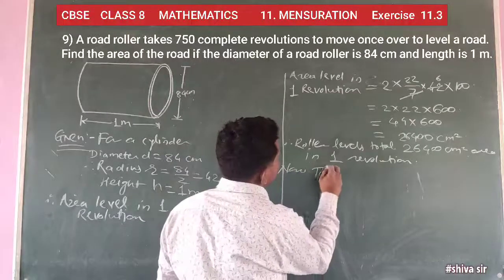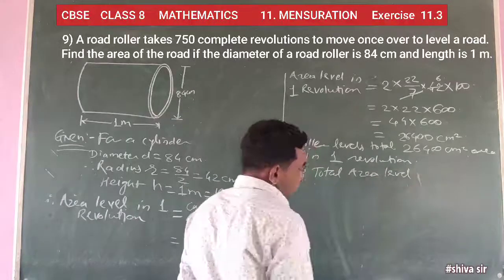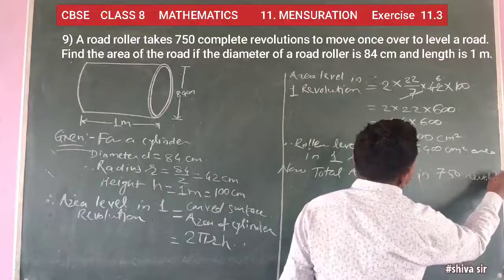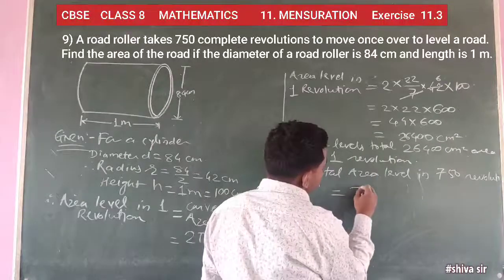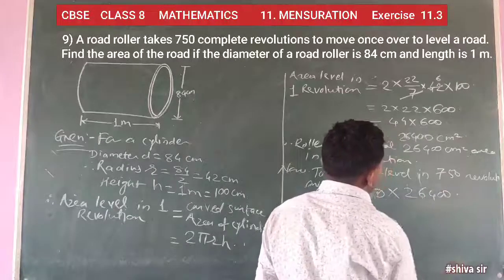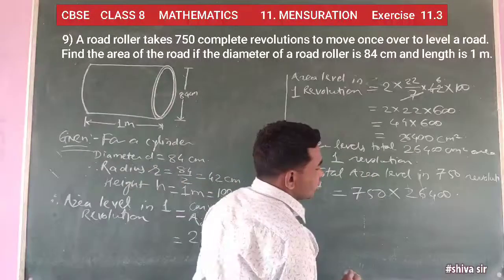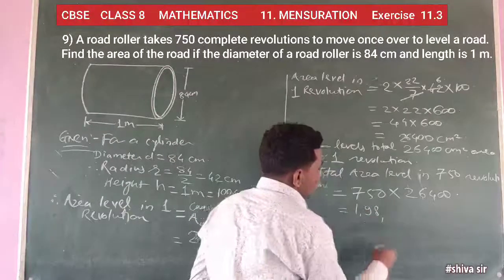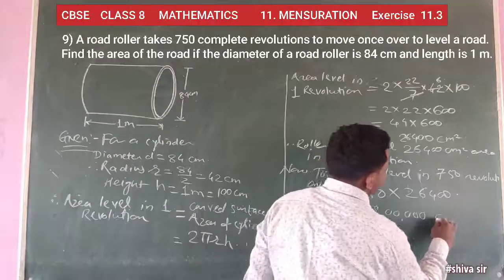Total area leveled in 750 revolutions is equal to 750 into 26,400, which is 1 crore 98 lakhs, and the unit is centimeter square.